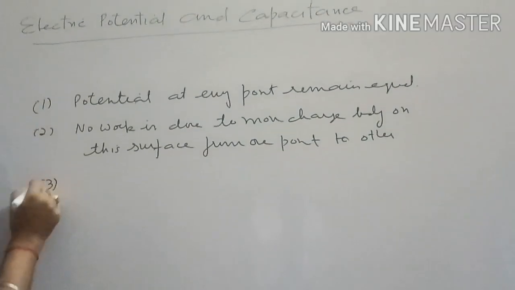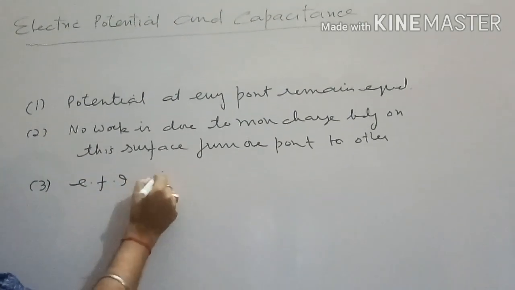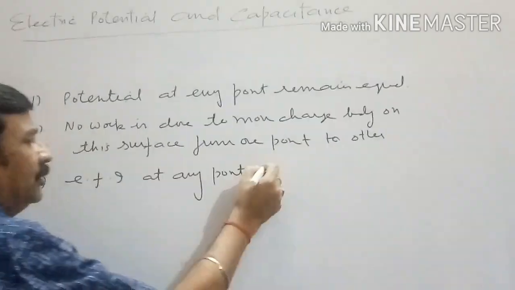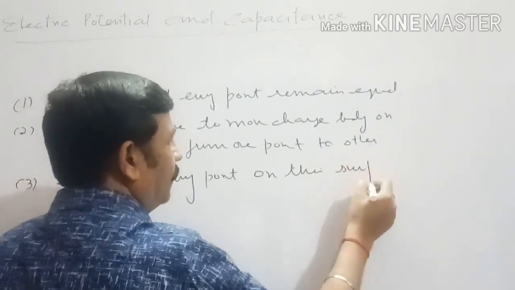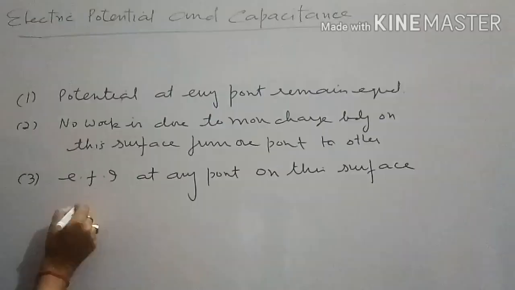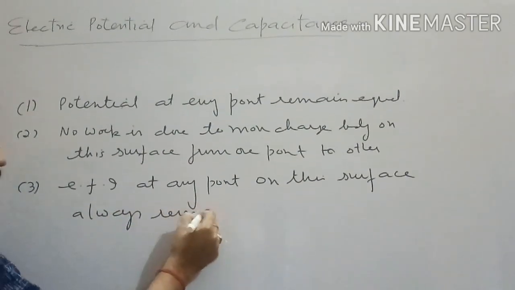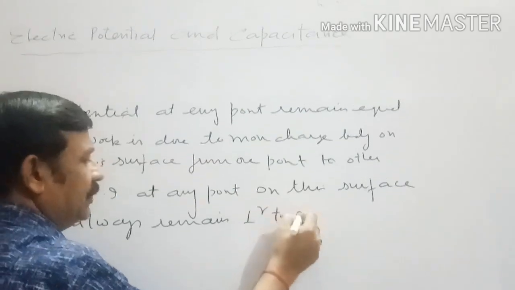Number three, electric field intensity at any point on this surface always remains perpendicular to the surface.